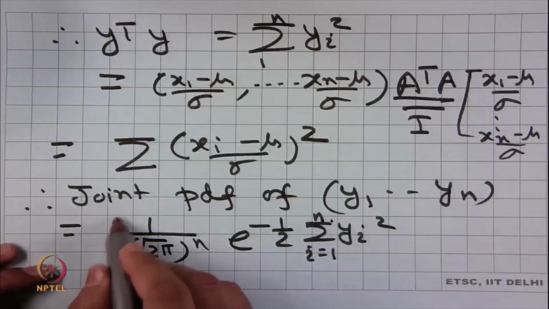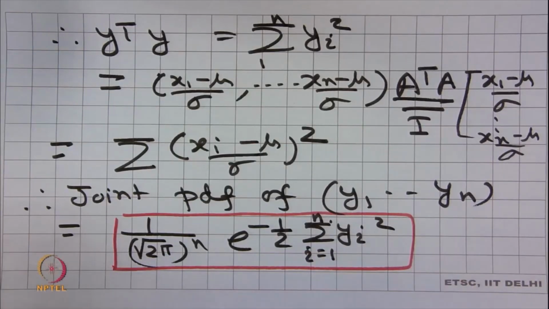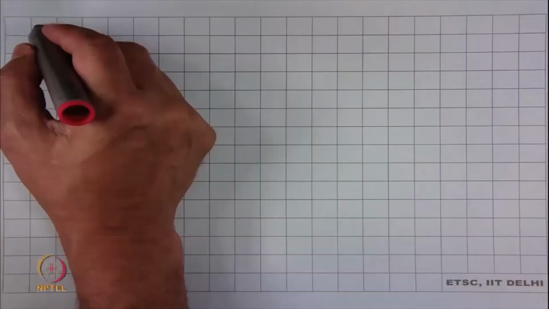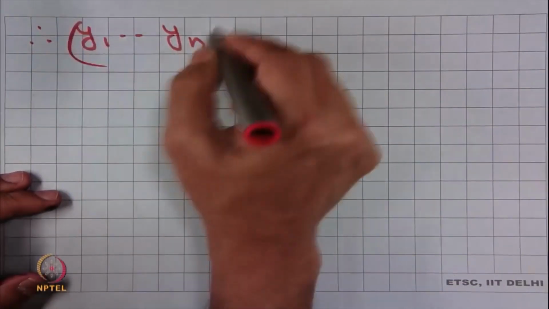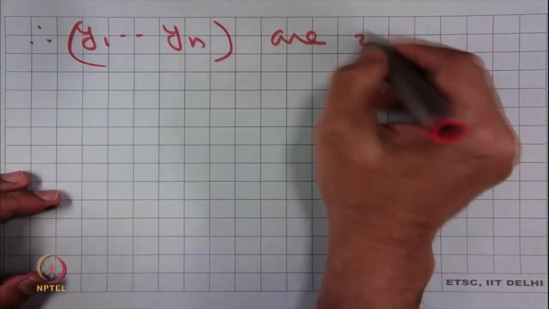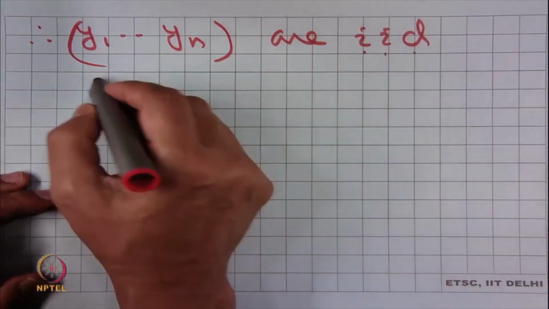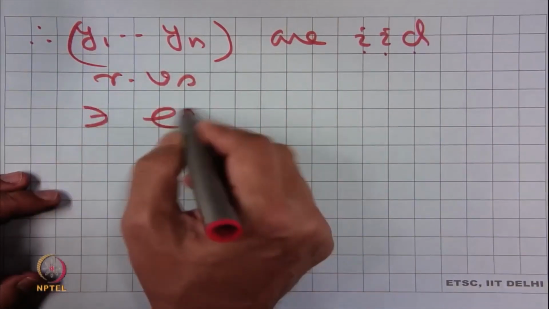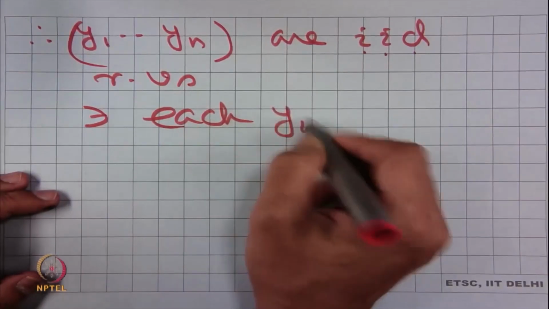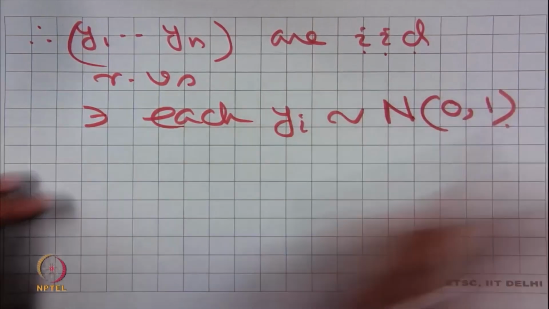What does it tell us? It tells that y1, y2, yn are IID, independent identically distributed random variables such that each yi follows normal 0, 1.